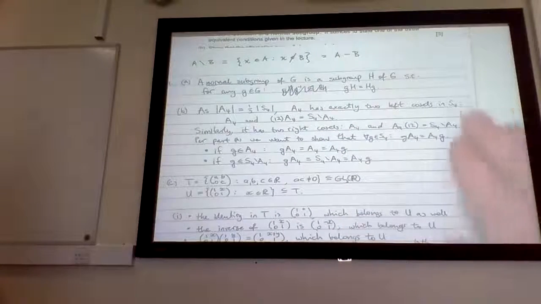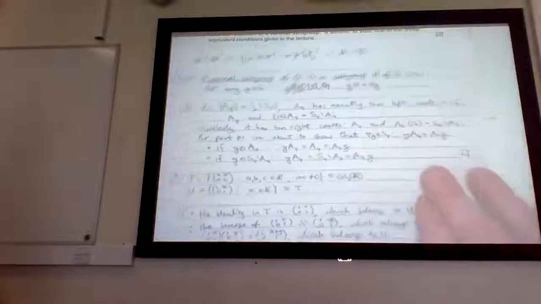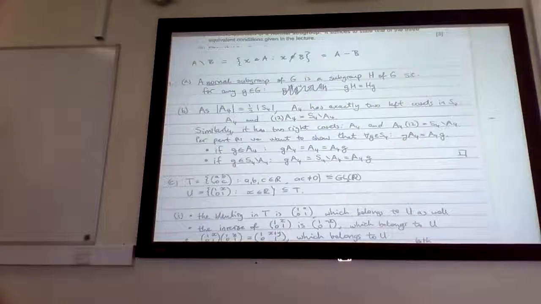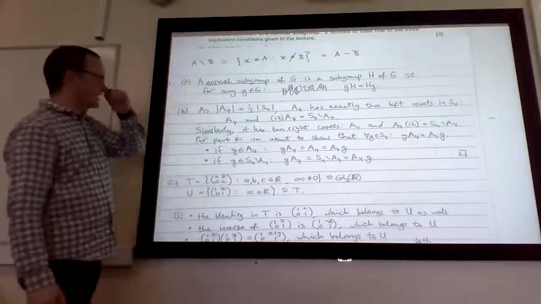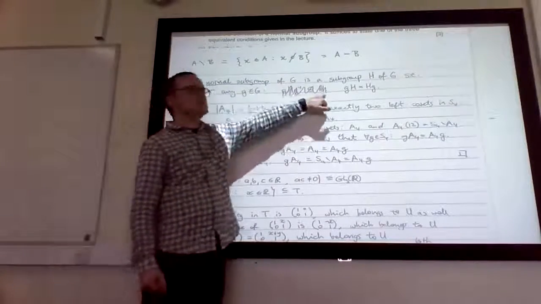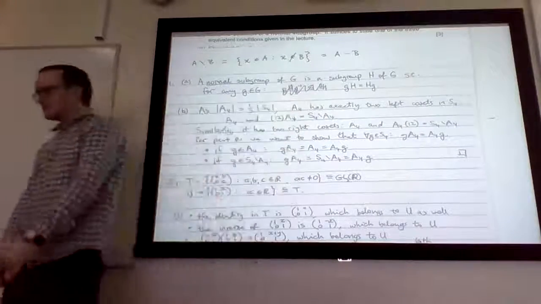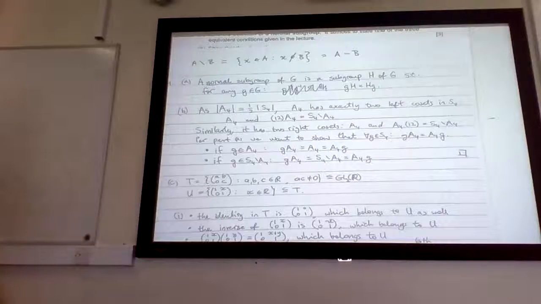So that's the argument there that A4 is normal. I actually started writing down an alternative one which didn't rely on the half size fact. There I was showing directly, in fact I think I was proving this condition here.